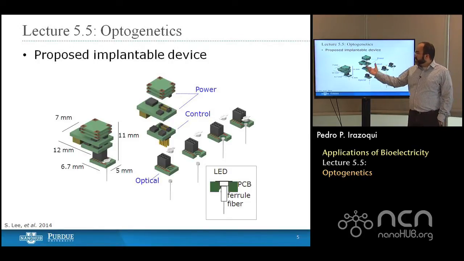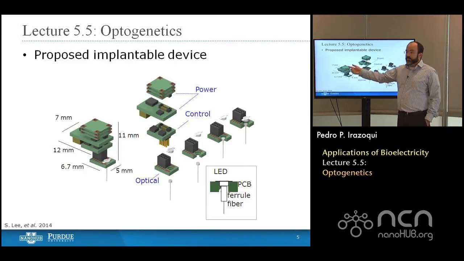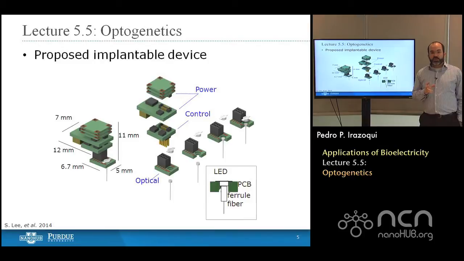And you see all these connectors here because this whole design is modular. It's meant so that you can plug and unplug different parts so you can change what your device does according to the experimental design that you have in mind.